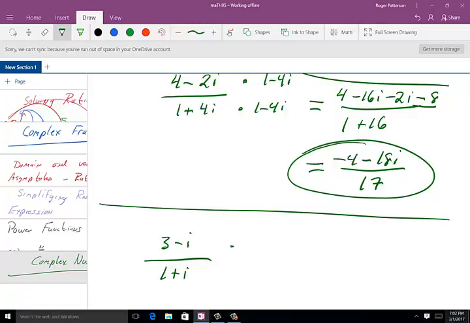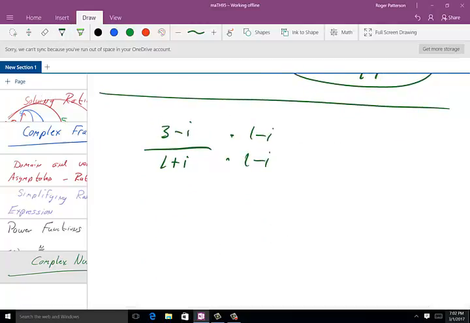What are we multiplying this by? 1 minus i. What do we get on the bottom? 1 times 1 is 1, minus i squared, but then you flip it, so plus 1.